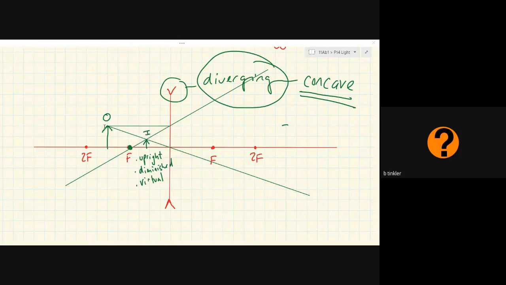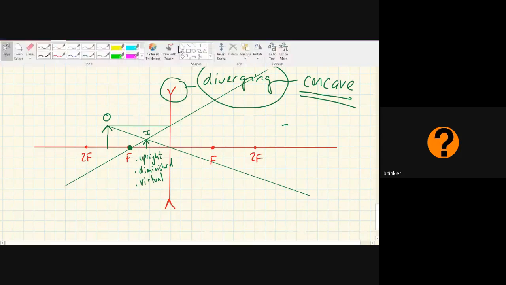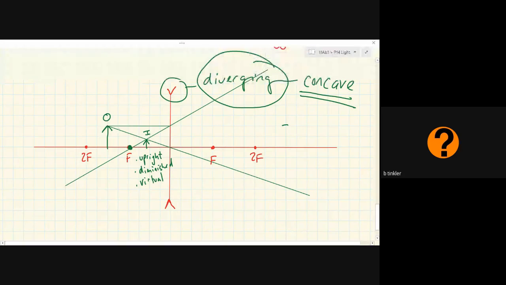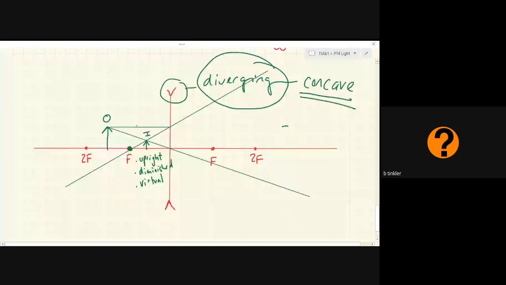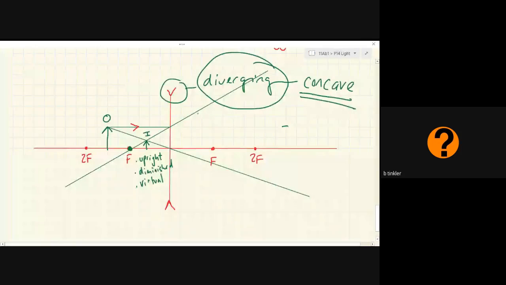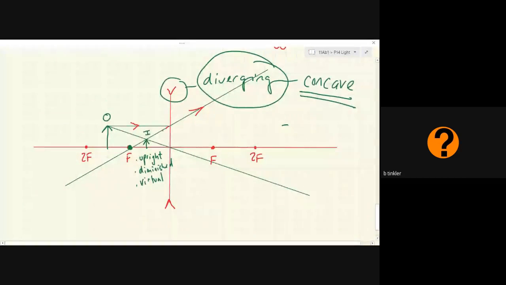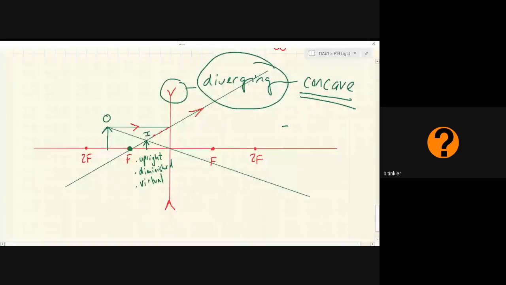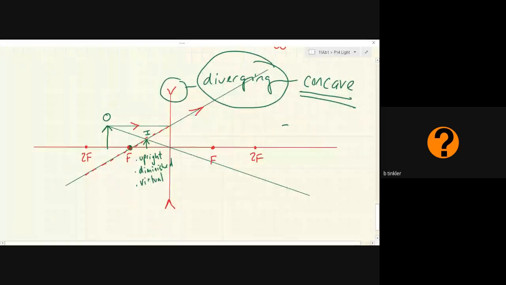That's telling me that this ray of light from the object to the lens spreads out at an angle such that we imagine it passing through this focus on the same side of the lens as the object. Does that make sense? So there isn't really any light here.